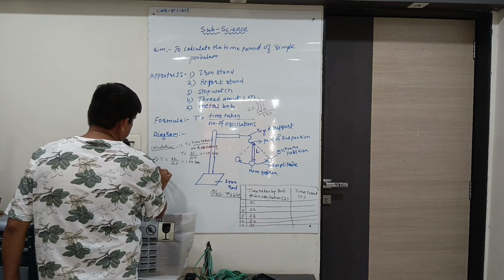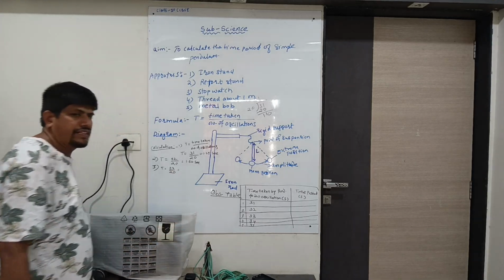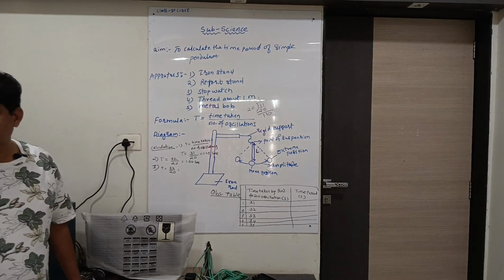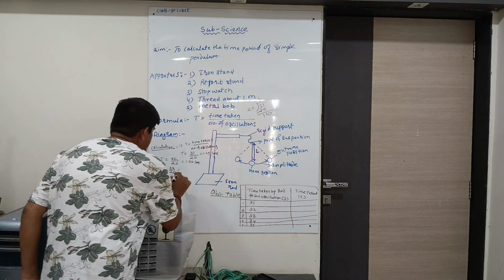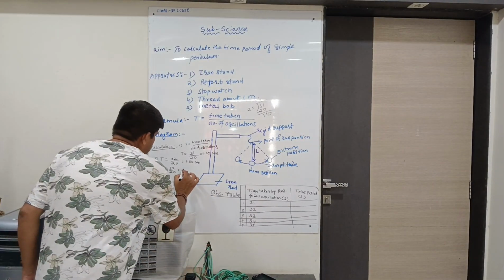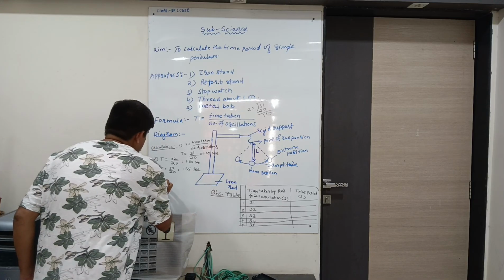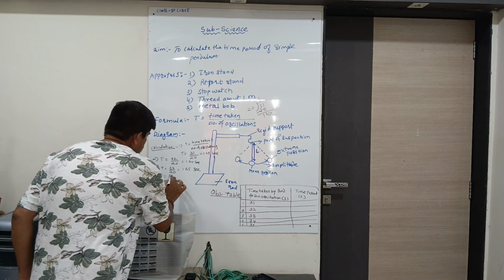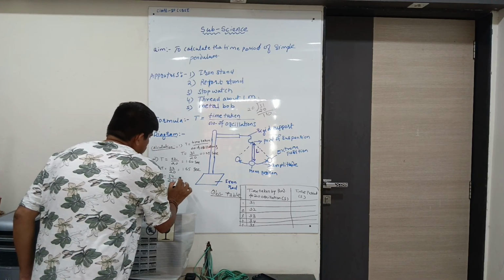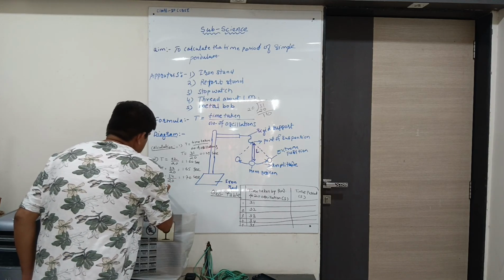Third, t equals 33 divided by 20 equals 1.65 seconds. Next, t equals 34 divided by 20 equals 1.70 seconds.